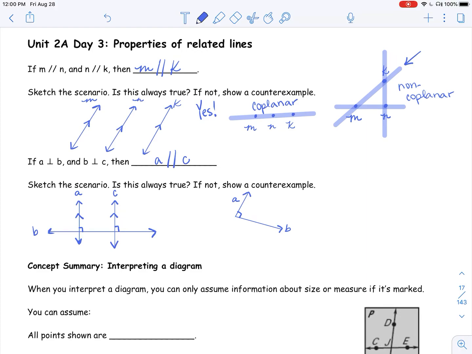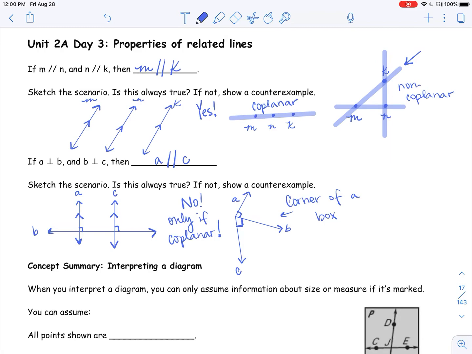And what happens, like I said, if this is the corner of a box, a three-dimensional figure, here is line C. So are A and C still going to be parallel? And that is a no, okay? So only if they are all coplanar.